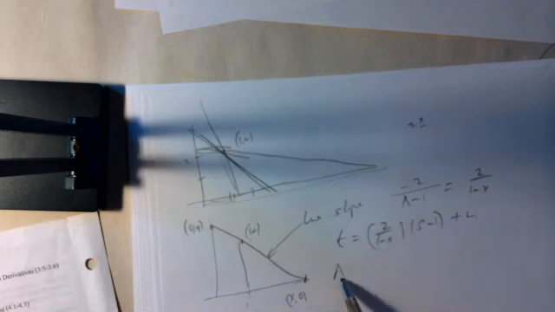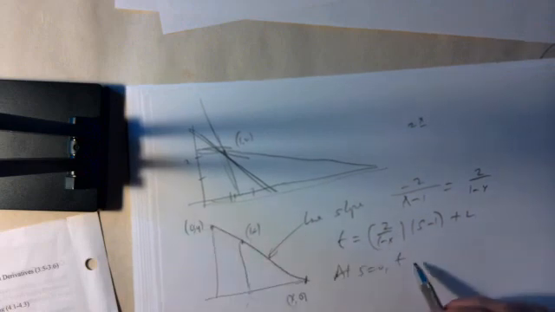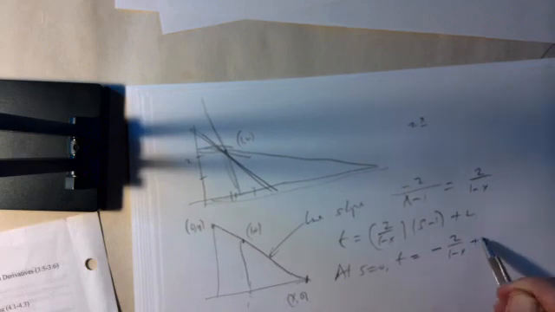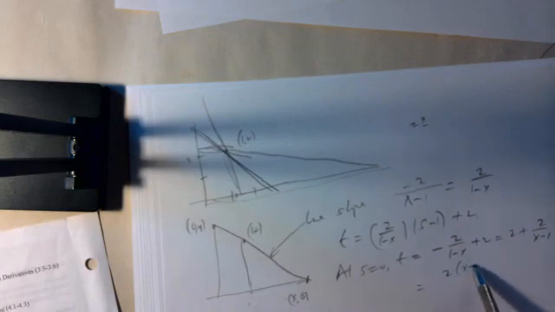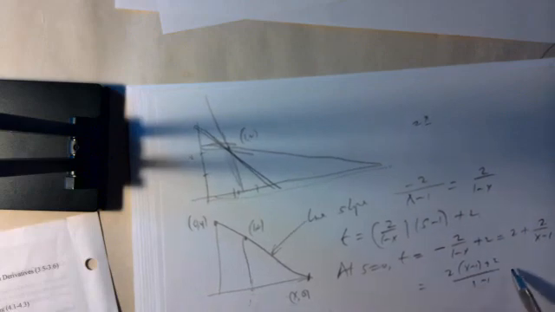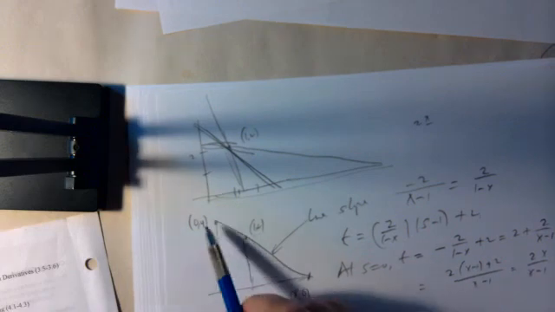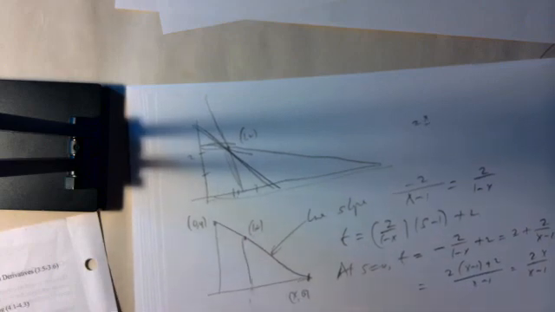And when s equals 0, t, which is this vertical intercept, is minus 2 over 1 minus x plus 2, or 2 plus 2 over x minus 1, or 2 times x minus 1 plus 2 over x minus 1, or 2x over x minus 1. So this y-intercept, y is equal to 2x over x minus 1.